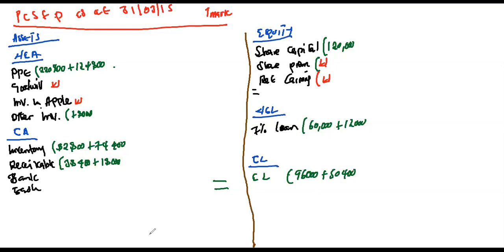Then let's go back to the notes now. Remember, when you're dealing with group accounts, it is always best to start with what we call working number one, and it is called the group structure. Such a beautiful working.